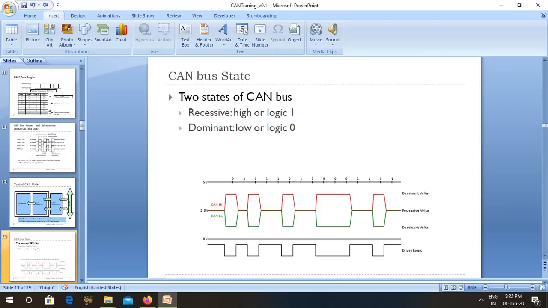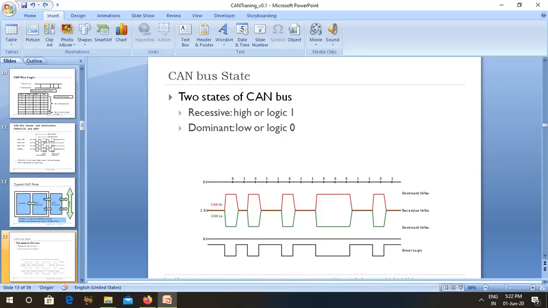In the CAN standard, to represent dominant or zero, there are different styles. One among those is shown here. When there is a zero, CAN high is represented by the red line and CAN low by the green line.